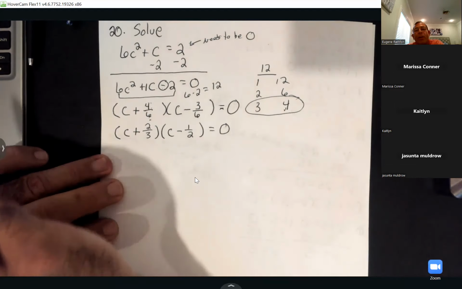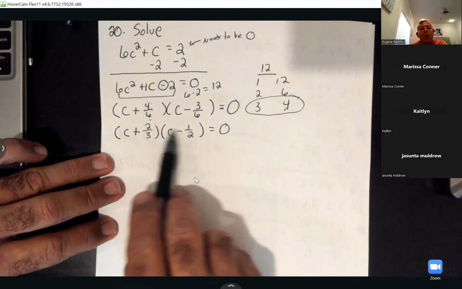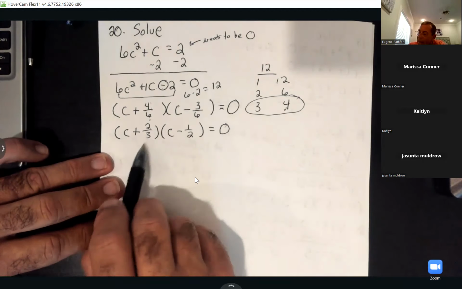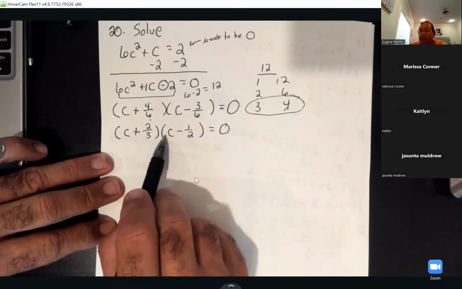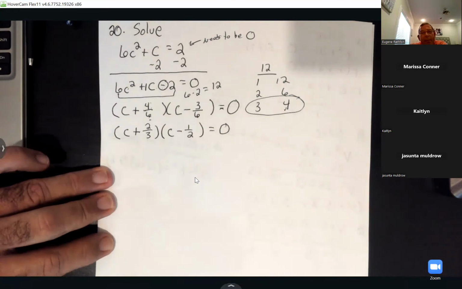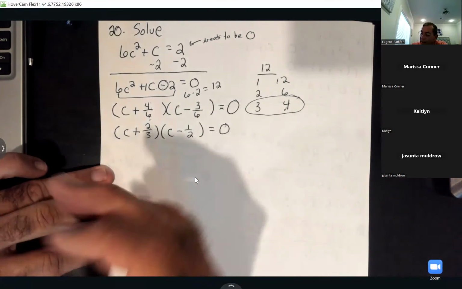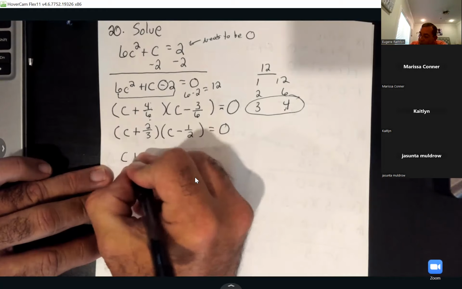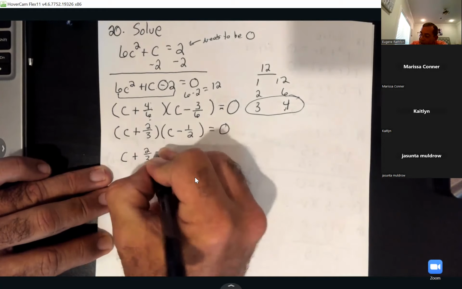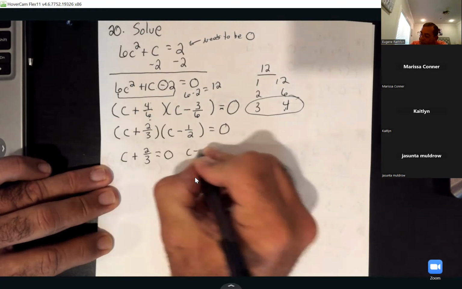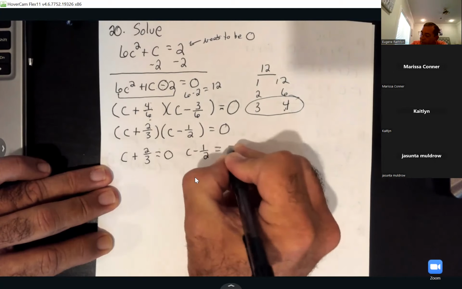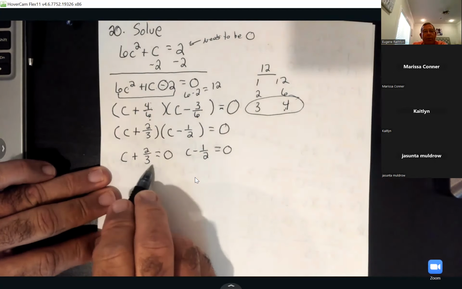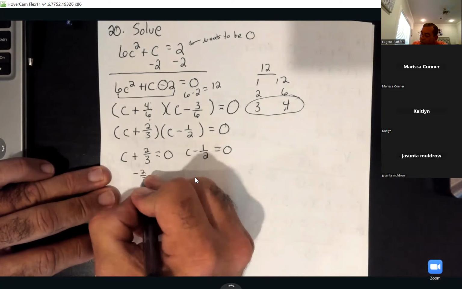Now, y'all, here's the trick on this one. Since I'm actually solving an equation, I don't want to put the 3 in front and the 2 in front, because that'll give me more work when I solve this. So what I'm going to do is just take both of these factors and set them equal to 0. So here I'm going to subtract 2/3 from both sides.